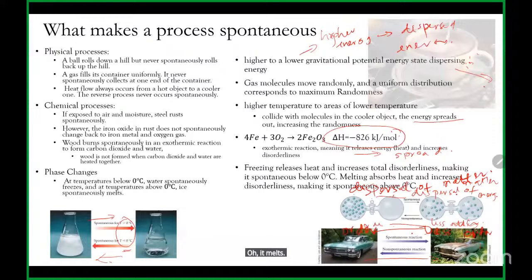Freezing releases energy and increases disorderliness at that temperature. That freezing releases energy to the surroundings. Melting absorbs heat, increases disorderliness, and makes it spontaneous at other higher temperature.